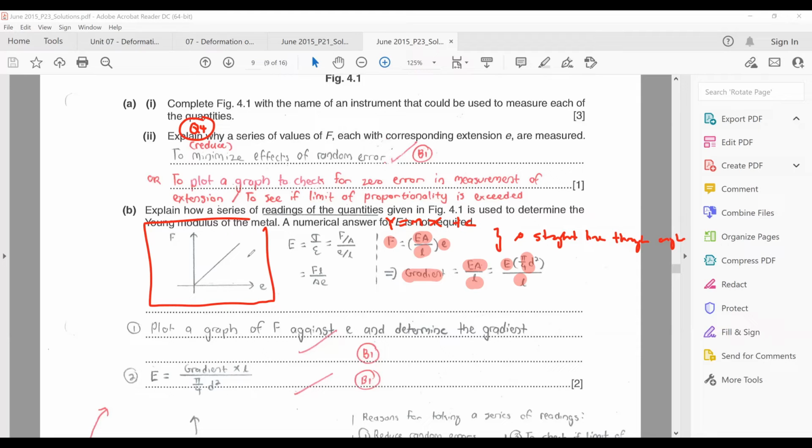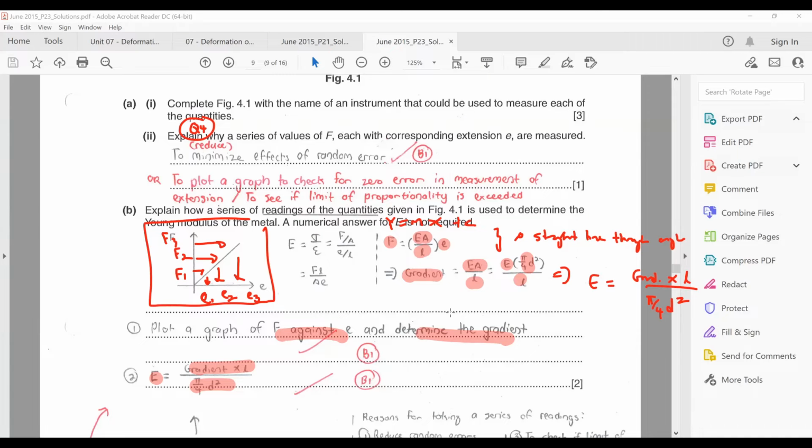Meaning to say, why would you take F1 and then E1, F2 and then E2, F3 and then E3 to find Young's modulus of steel? It's because you can plot a graph of F against E and determine the gradient. The gradient will give you your Young's modulus, which is basically this. E is equals to gradient times L over pi over 4 d squared.